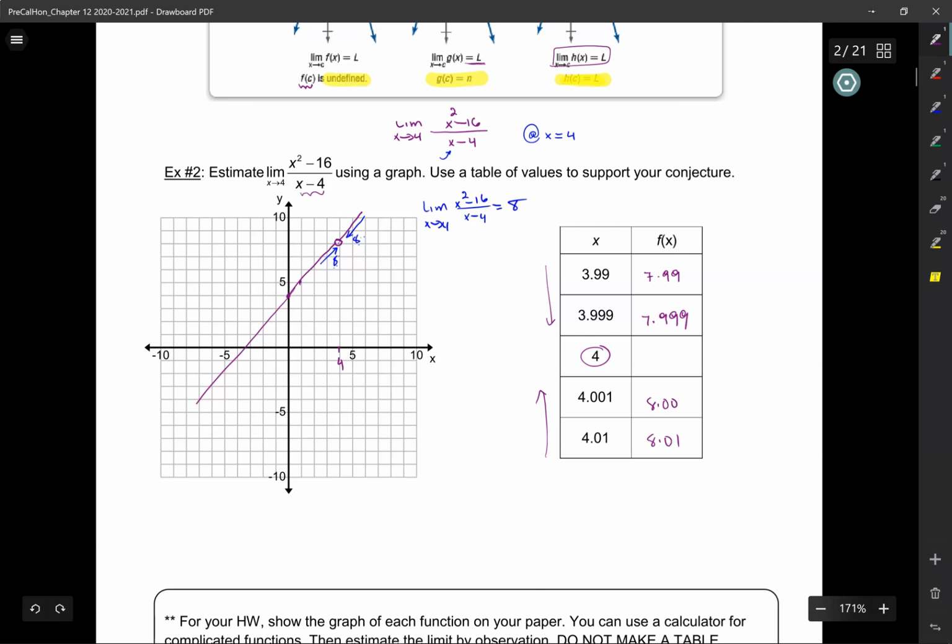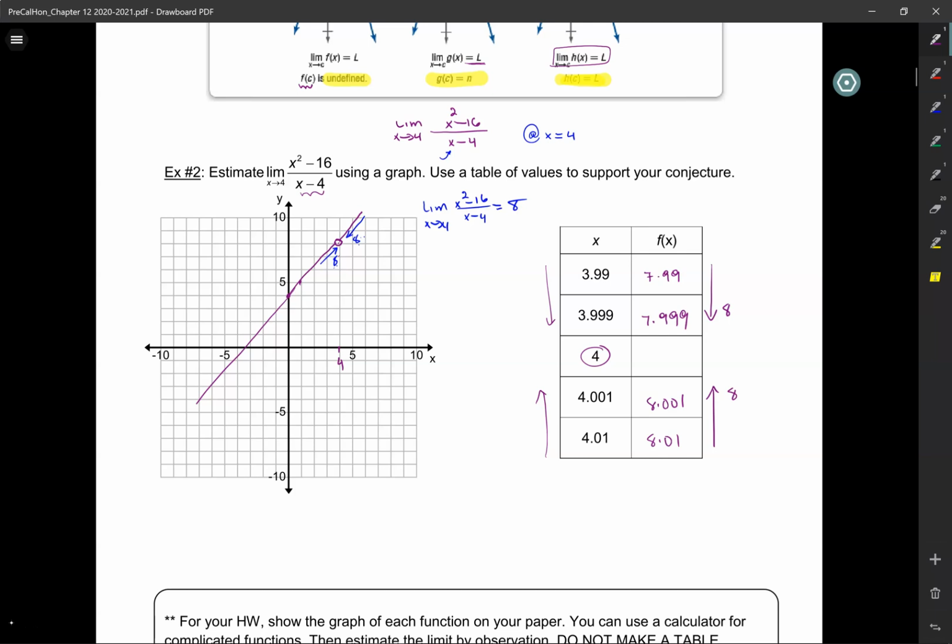Here, 8.001. So take a look. Because from both sides, the y values are approaching 8, I say the limit is equal to 8. Now, notice this had nothing to do with the fact that there is actually a hole at that point.